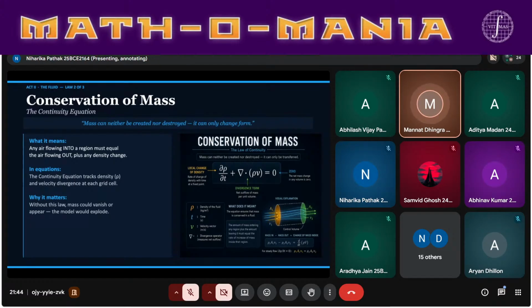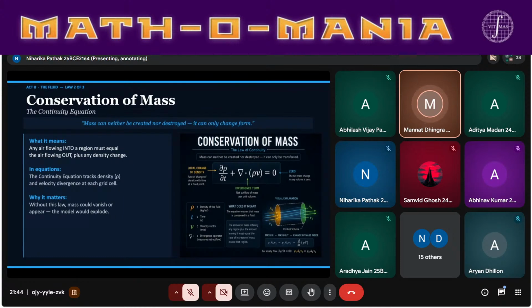So mass in, we can write as rho1 A1 V1, which is for the left end, and mass out is rho2 A2 V2, equal to zero, because the change of mass is zero, and because mass is conserved. So finally, we can write the equation as rho1 A1 V1 equals rho2 A2 V2. Now, in this equation there are conditions which we should follow, like there are conditions for every equation, right?